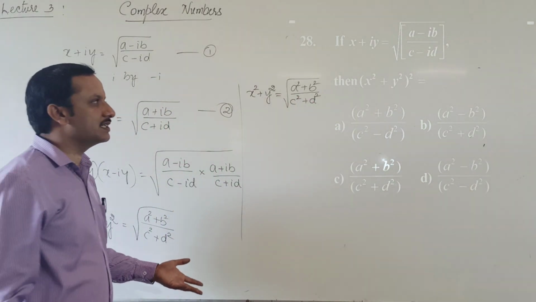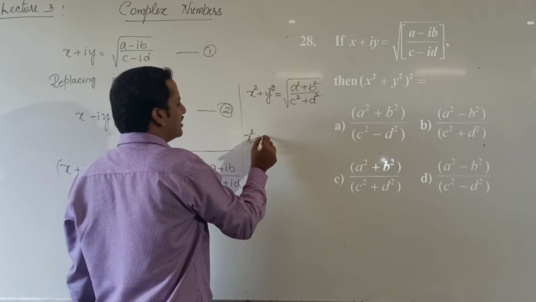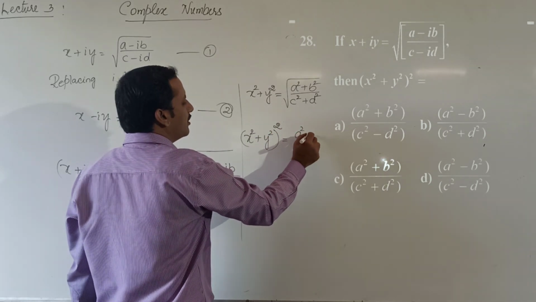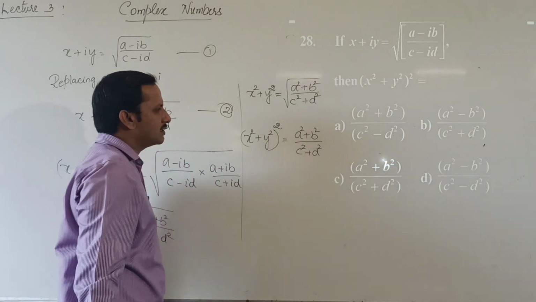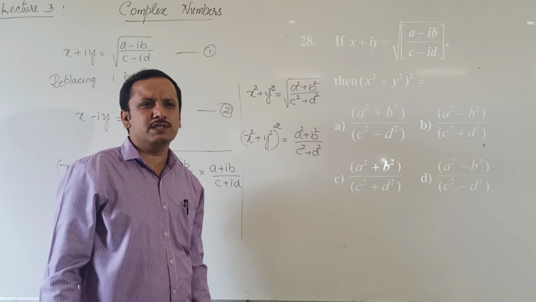Okay? Now square this out, because we are asked to find out x square plus y square whole square. Squaring this equation will give you x square plus y square whole square is equal to a square plus b square divided by c square plus d square, which is option C.